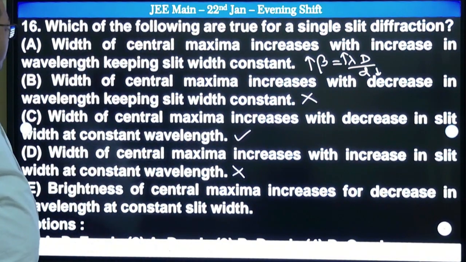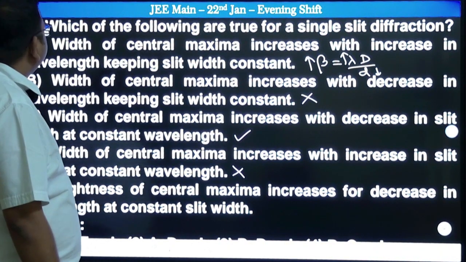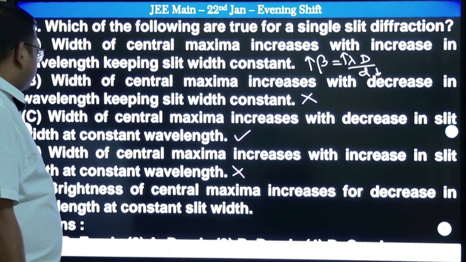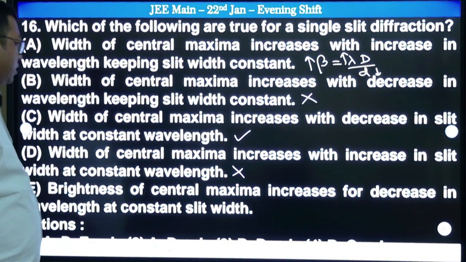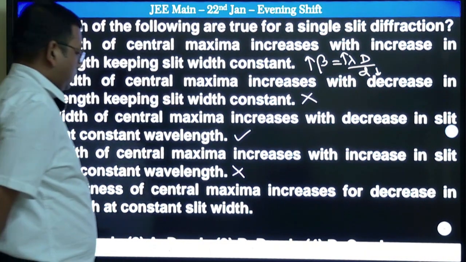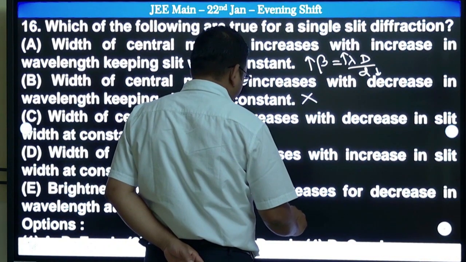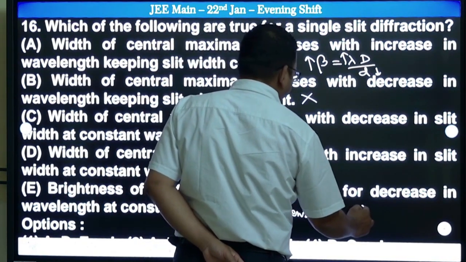What about the brightness of central maxima increasing for decrease in wavelength at constant slit width? They are talking about the intensity. Intensity decreases when lambda decreases.